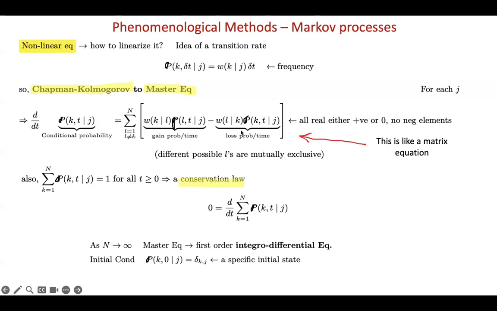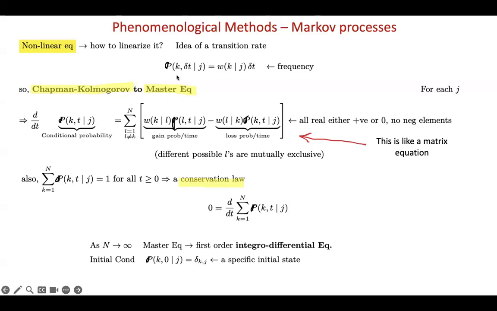And this is just the reverse. What if you revert back from this, the starting state K, to L? If you revert back, there is no change. If your probability of reversing back is very little, then there is some change. That's how it works. So this is a gain probability per time. It's a loss probability per time.